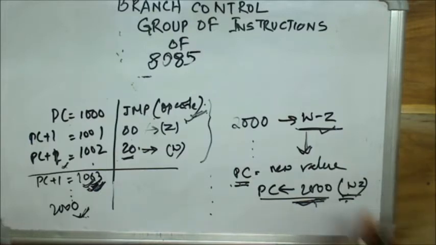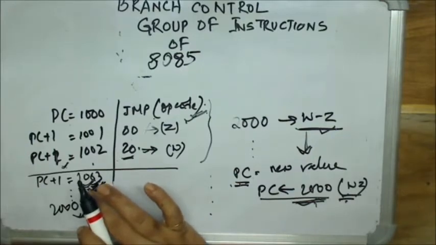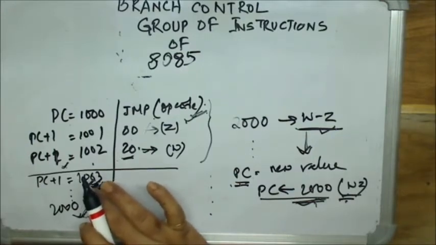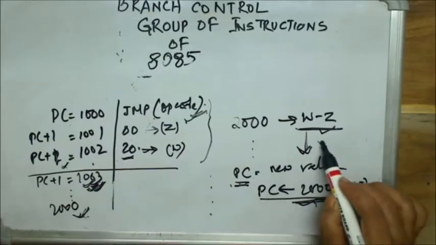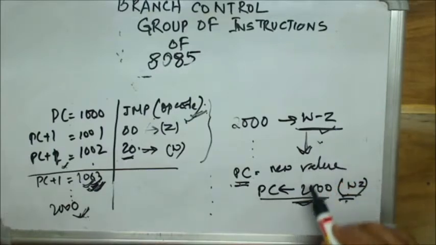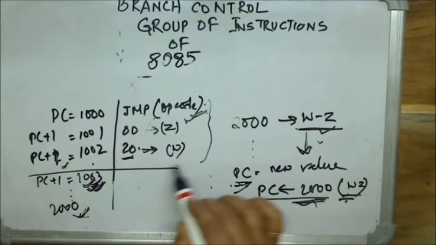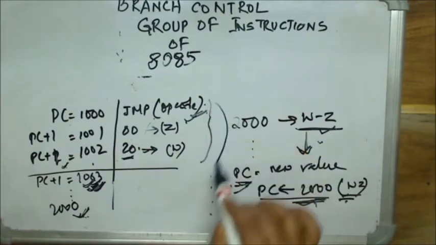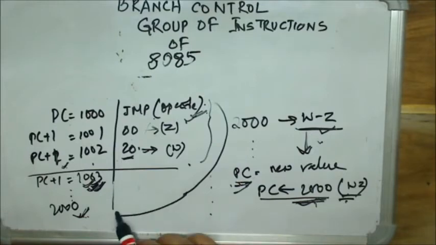So between fetching and execution, the program counter was momentarily loaded with the next memory location, 1003. During execution, the WZ register will put the new number into the PC. That is how the next instruction will be fetched.